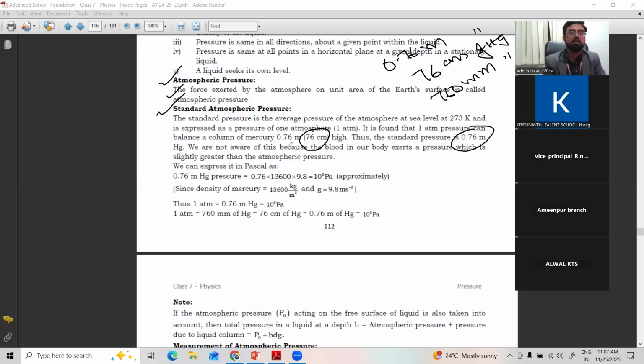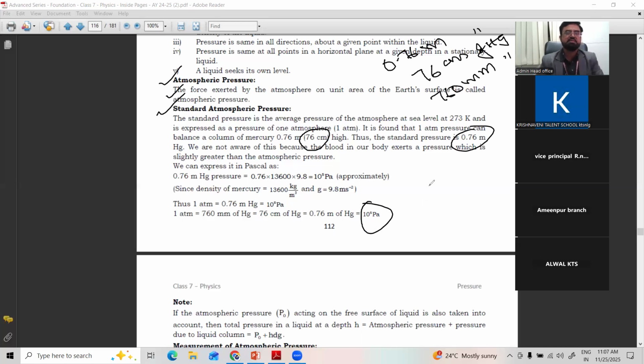Right? We are not aware of this because the blood in our body exerts pressure which is slightly greater than the atmospheric pressure. Blood pressure is also more than atmospheric pressure. We can express 0.76 m of Hg pressure in Pascal. We can convert in various forms, Pascals also. 1 atm is equal to 10 power 5 Pascal.